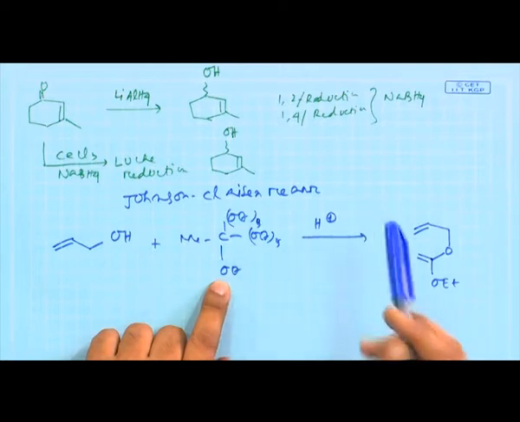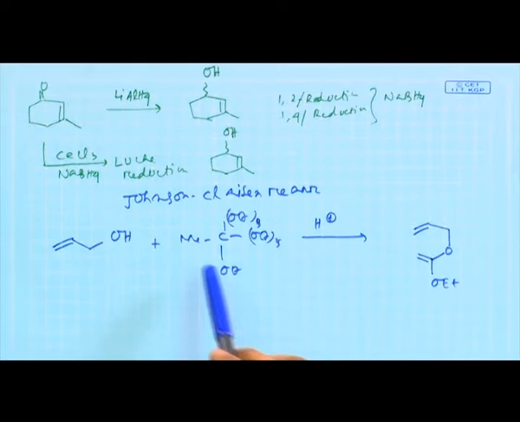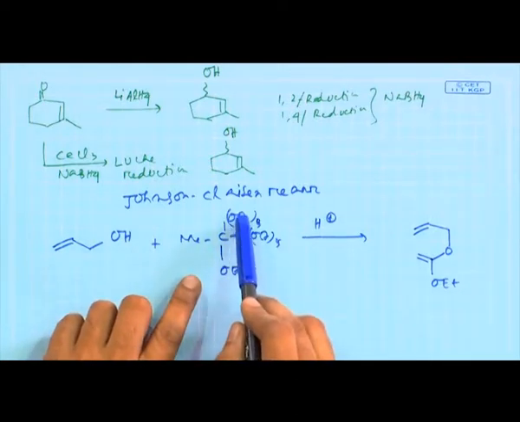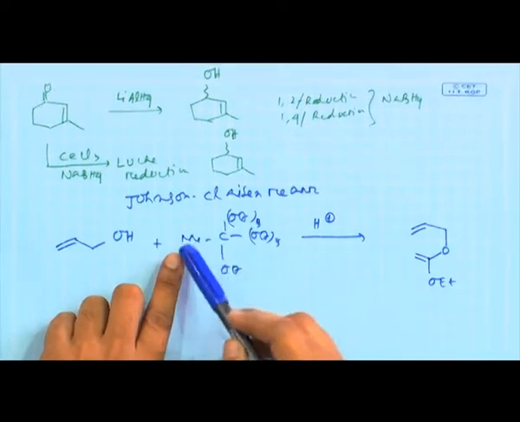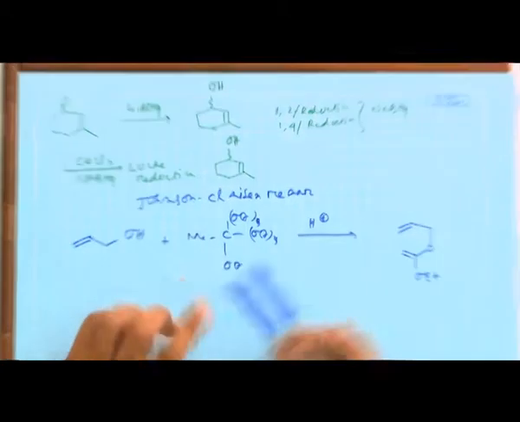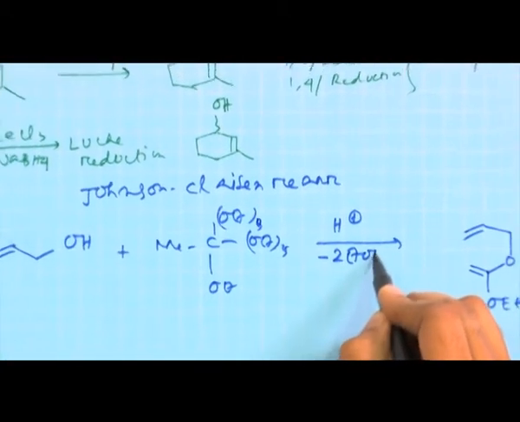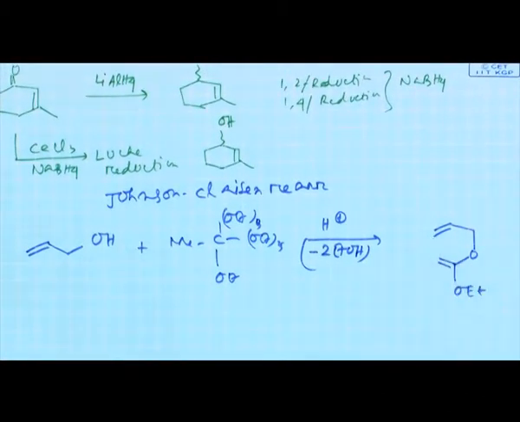In the next step, you subject this compound to high heat and H plus. One of the OEt groups and one hydrogen from this methyl undergo a 1,2 elimination, another round of ethanol elimination. So, 2 equivalents of ethanol are eliminated, and this part comes from the allyl part, the double bond CH2O.